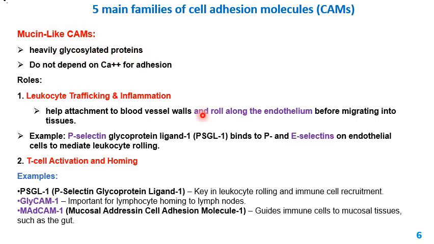They are heavily glycosylated. Do they depend on calcium? No, they don't. They do not depend on calcium for adhesion. Now, what is their role in the immune system? They help those leukocytes to roll on the surface of the blood vessel. Remember when you do the rolling thing before you do the extravasation, right?